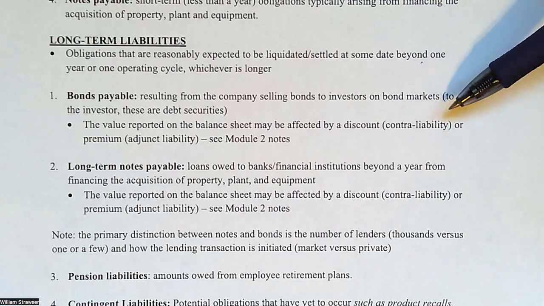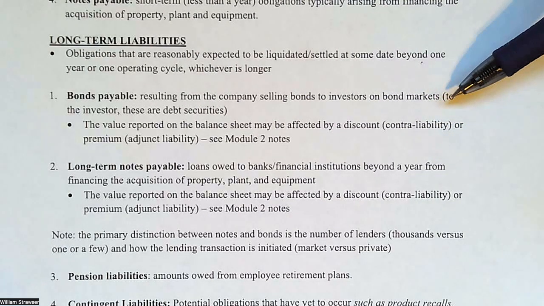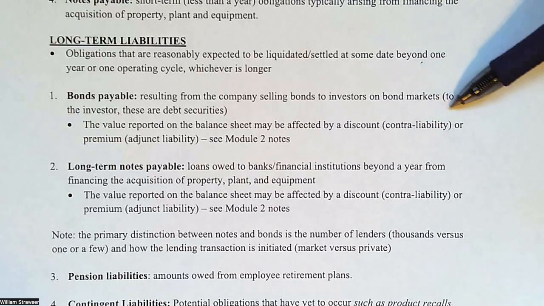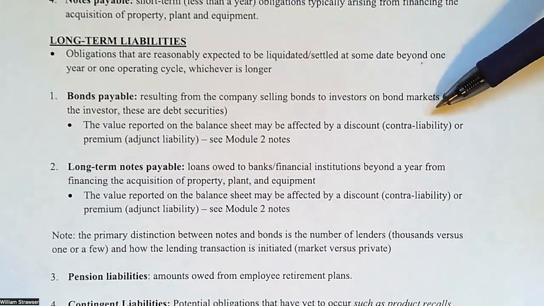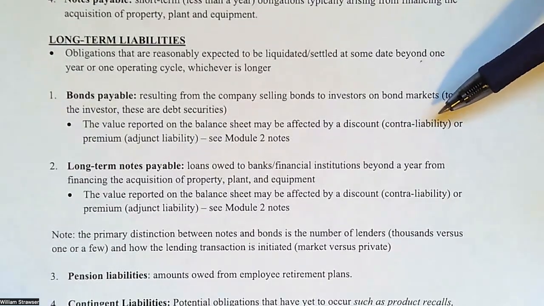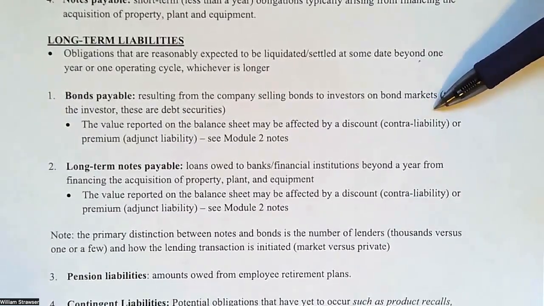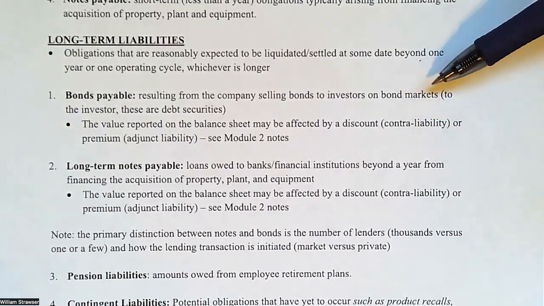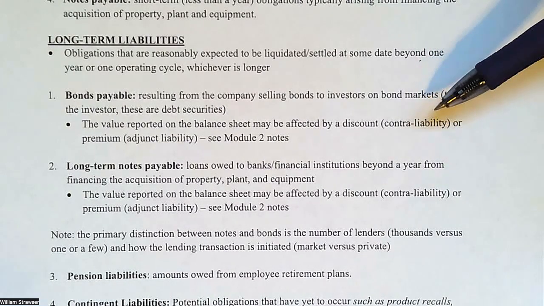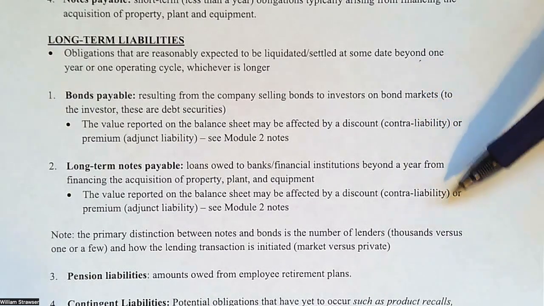Then whoever buys them gets the interest payments from the company who is borrowing. They then also will ultimately receive the amount of money that is agreed to, the principal of the amount that they invested in. So bonds payable, as we saw before, are the counterparty transaction, the liability that's being sold to an investor who records it as an investment in a debt security.